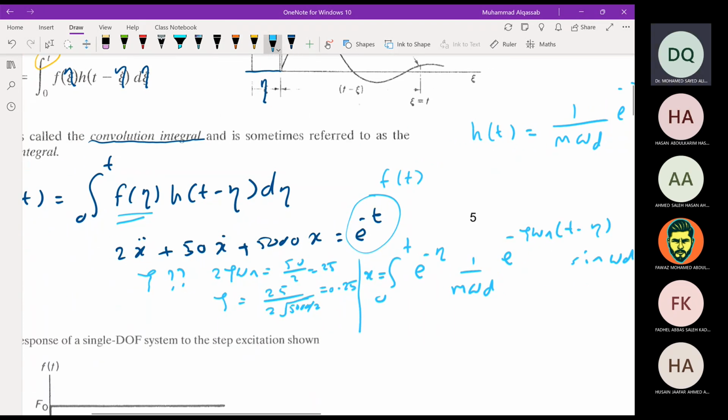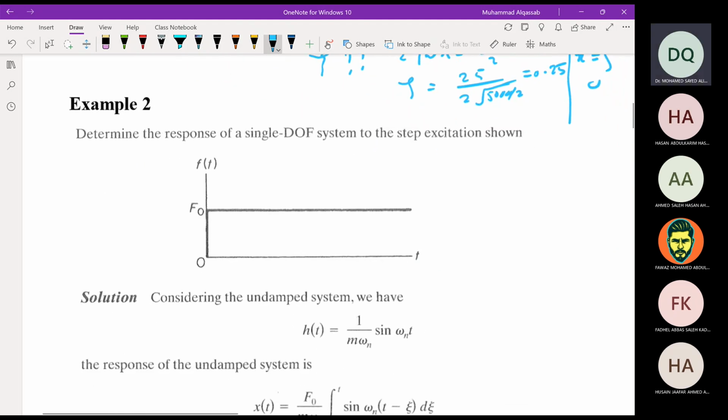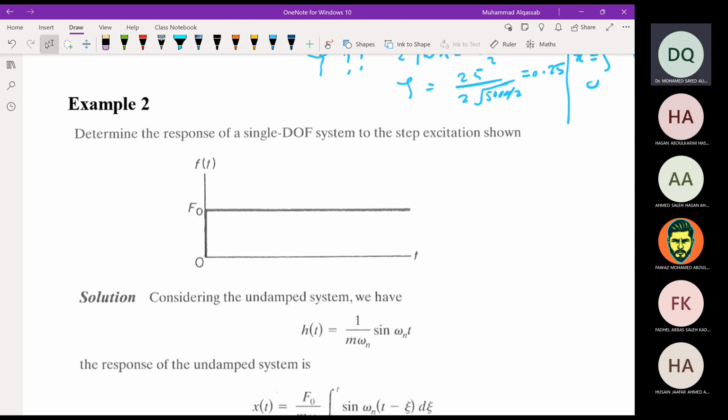Okay, so let's see the example we have here. Determine the response of a single degree of freedom system to the step excitation shown below. This example has two parts. Okay, for zeta equal to 0 and zeta less than 1, undamped and underdamped.